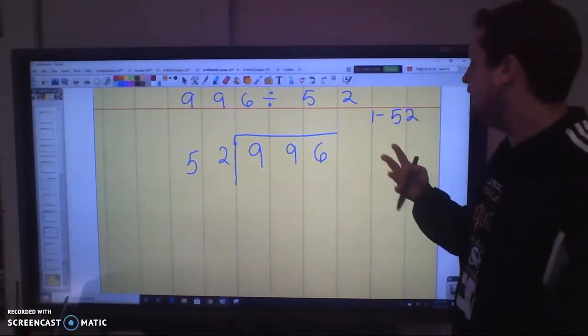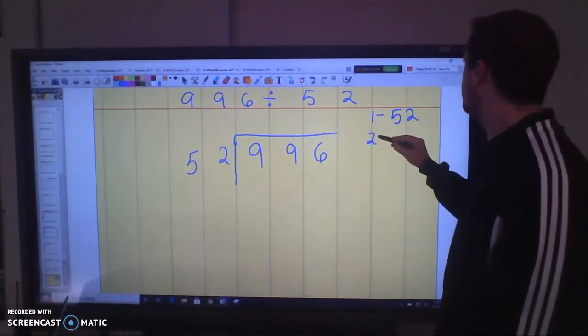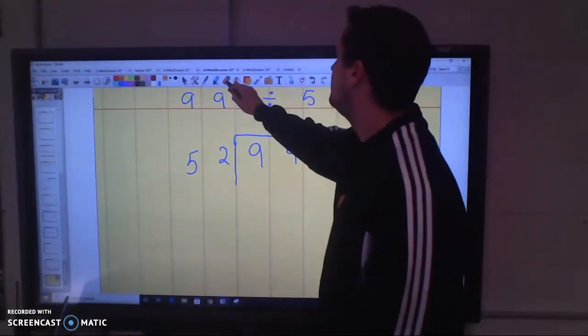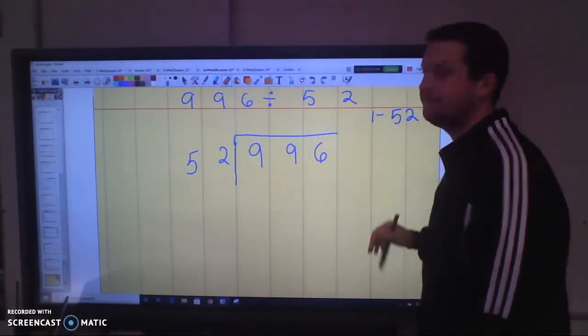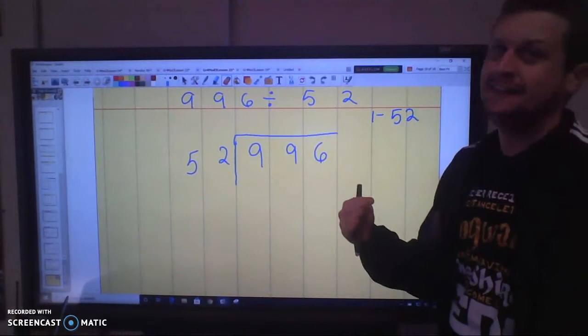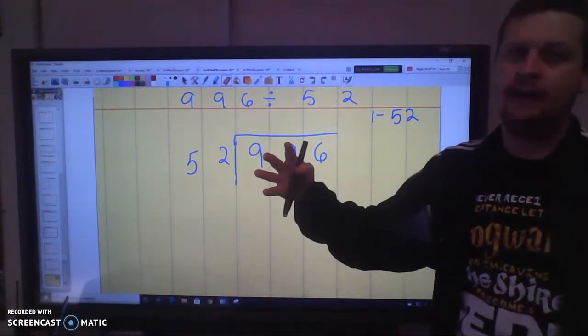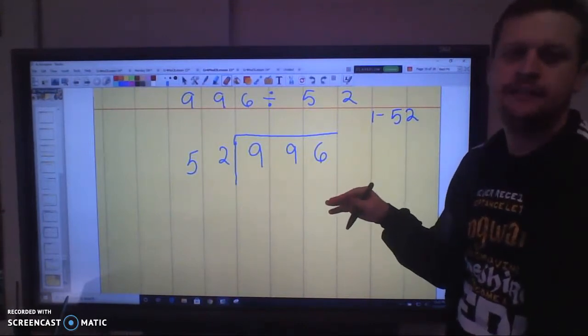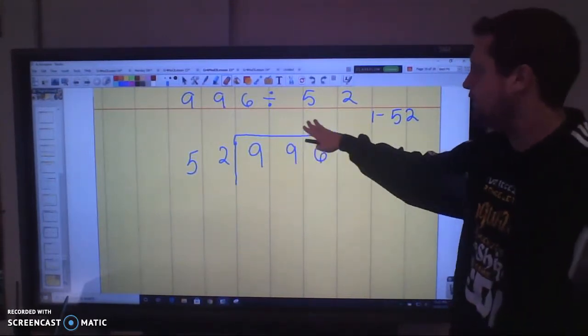Okay, so my next one would be, and again, I'm going to have to add, and again, this does take a little bit longer, and when I say first 5 multiples, that's at least what you're going to have to do. You might have to add on more, but I like to start off with just the first 5, because then maybe you won't have to go past 5 in your quotient.